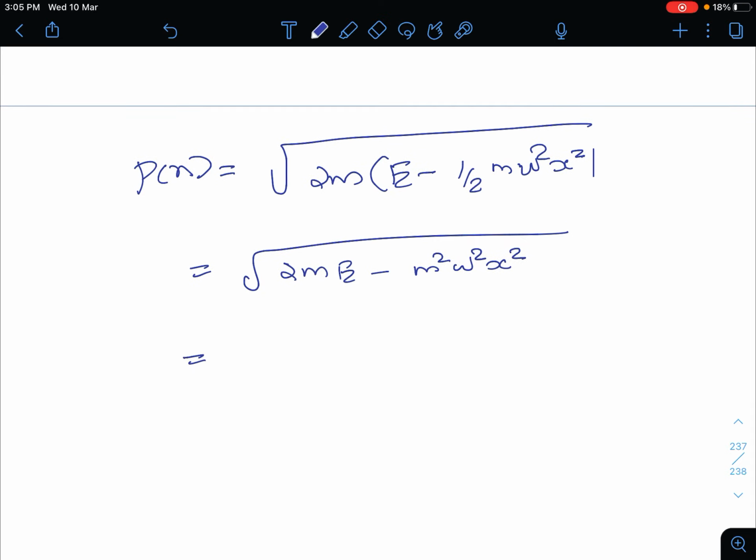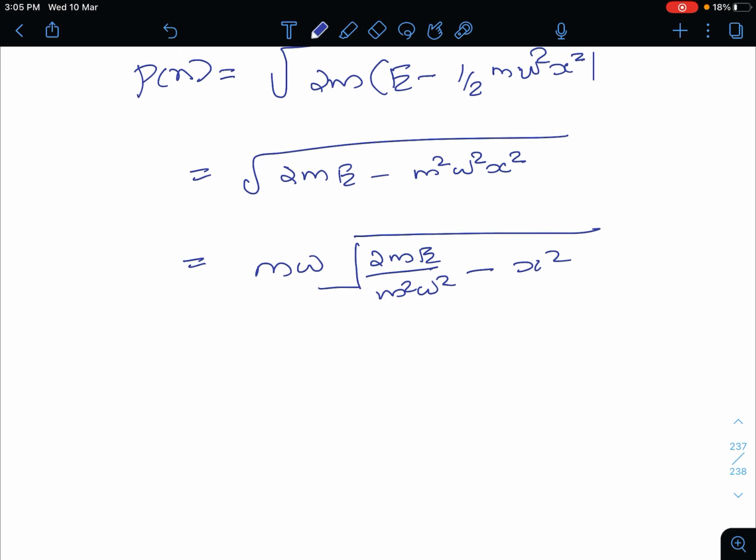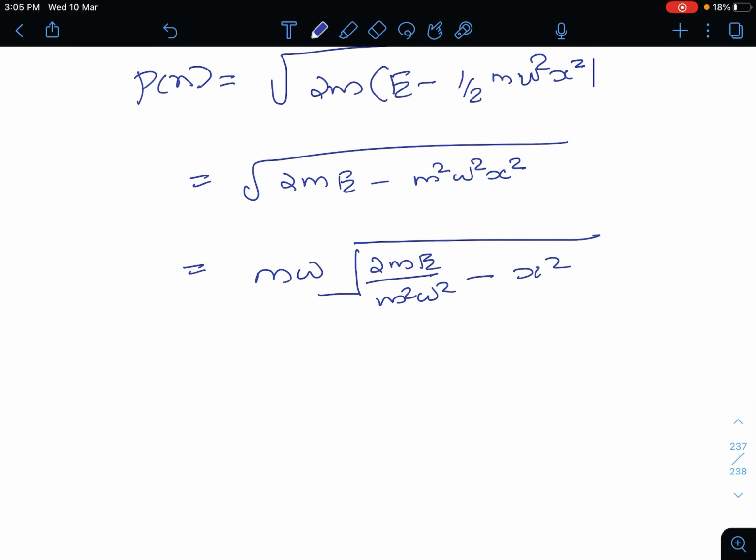Now I am taking m square omega square outside, that is m omega times root of 2mE divided by m square omega square minus x square. So when x is equal to this point, p of x becomes 0.